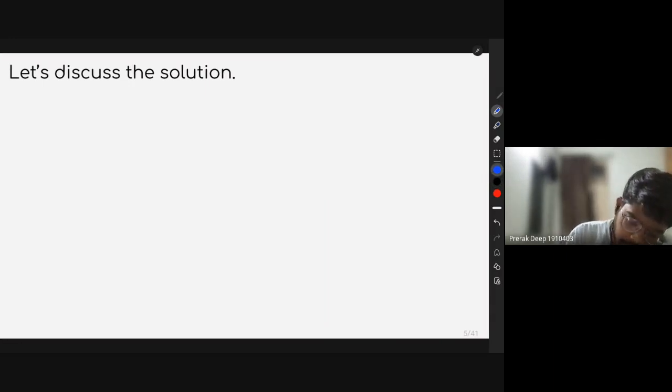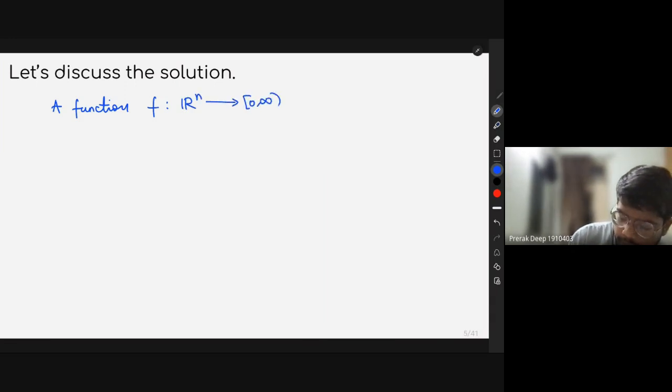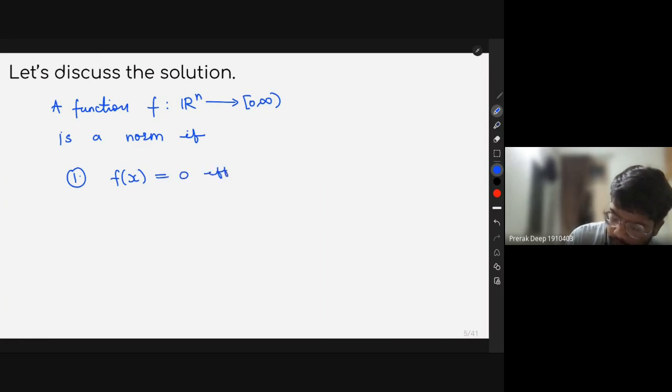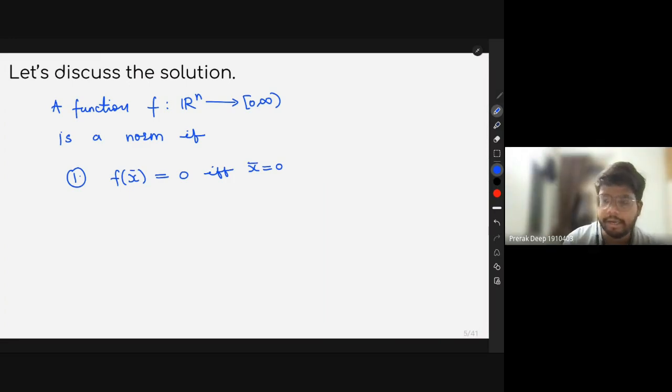We say a function f from R^n to R is a norm if, number one, f of x is 0 if and only if x is 0. Here my x is a vector; in particular, it has n coordinates.